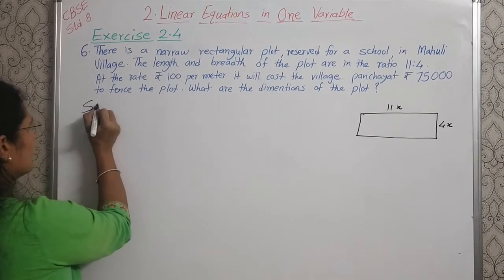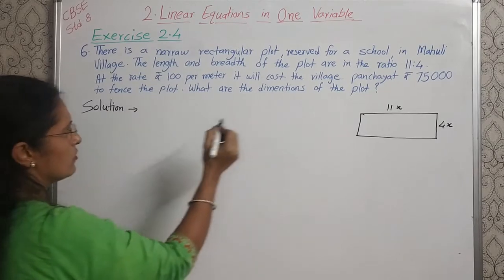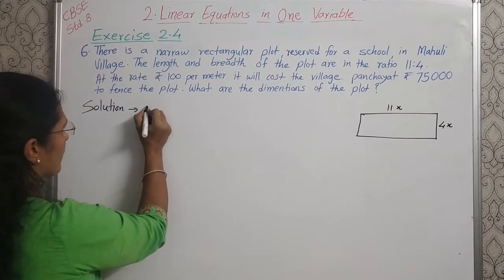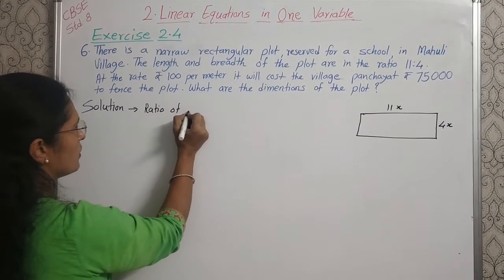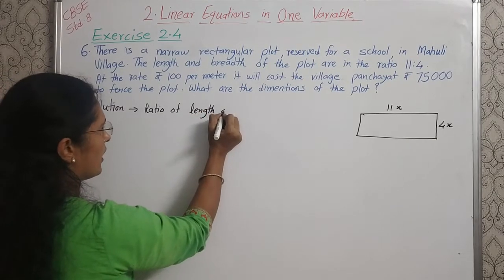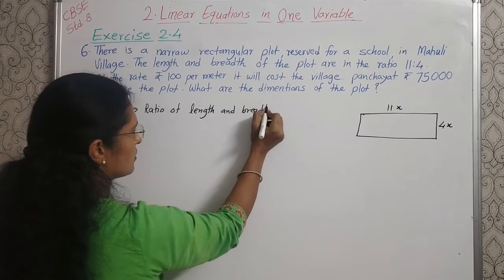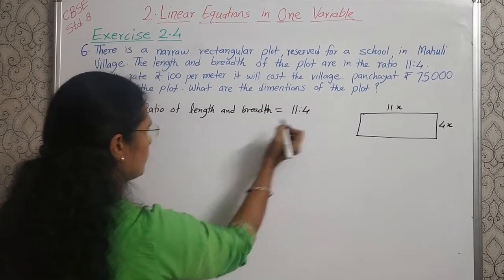Let us write the solution. First, we'll write the length and breadth. Ratio of length and breadth is equal to 11:4.